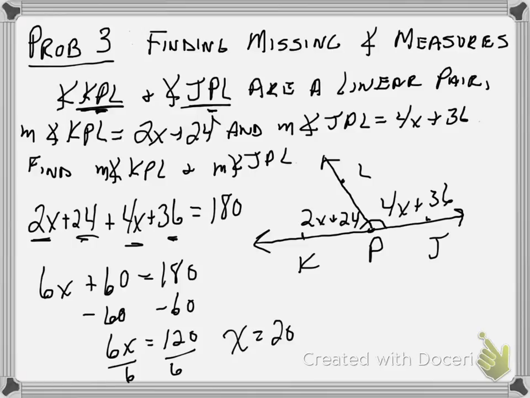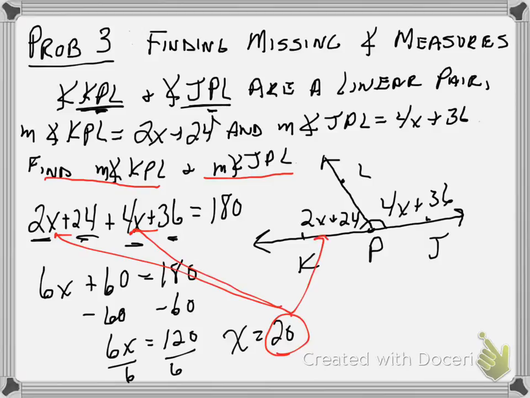Now again, I can't overstress this enough. It wants me to find KPL and JPL, not x. Now I need to find x to get those, but my question is I need to find those two angles. So I'm going to take 20 and plug it back in here, and plug it back in there separately. I probably should have drawn the line over here, sorry. Let me correct that. I'm going to take that x and put it into KPL there, and then take that into JPL.